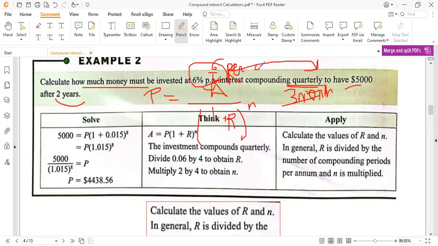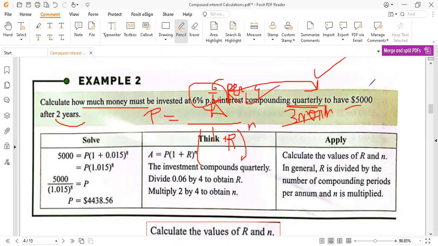We also convert 2 years into quarters: each year has 4 quarters, so 2 years is equivalent to 8 quarters, because 2 times 4 is 8.